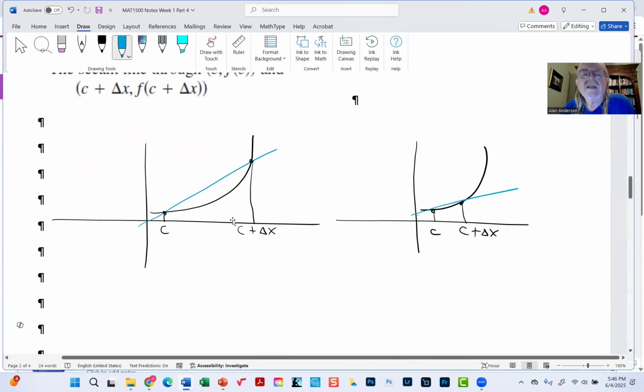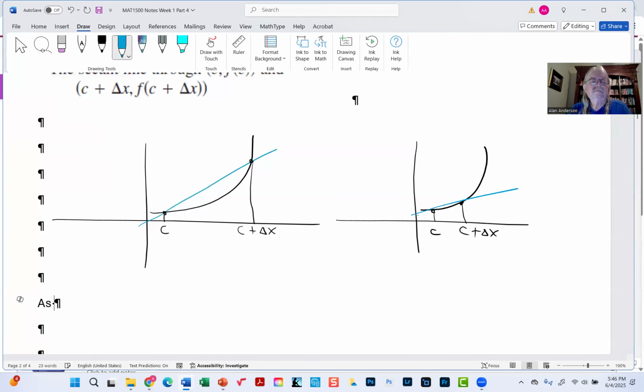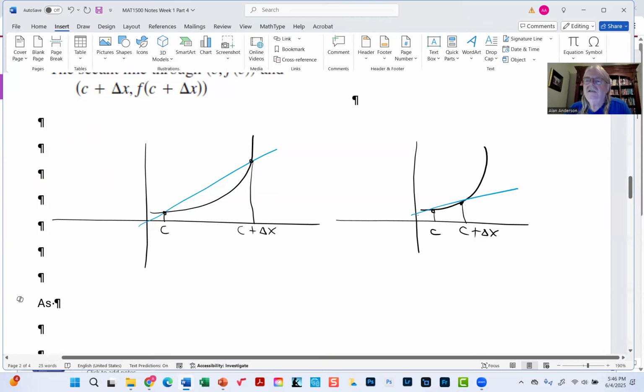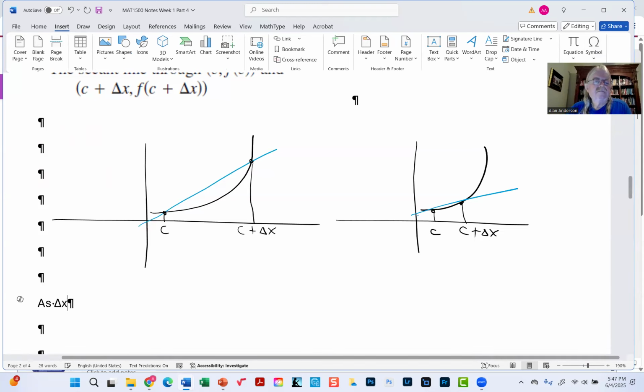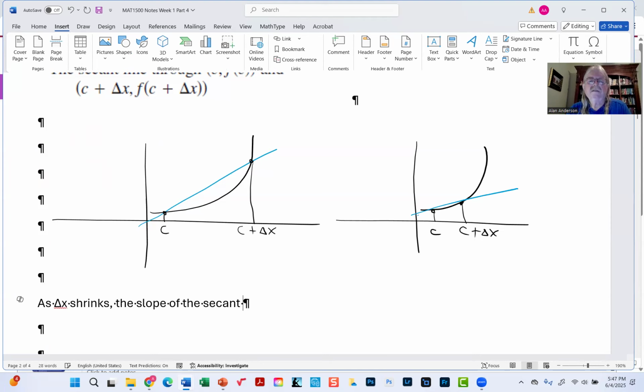What they're getting at here is that if delta x continues to shrink, I know I have a symbol for delta here somewhere. Let me go find it. Here it is. The slope of the secant line gets closer and closer to the slope of a tangent line where x equals c.